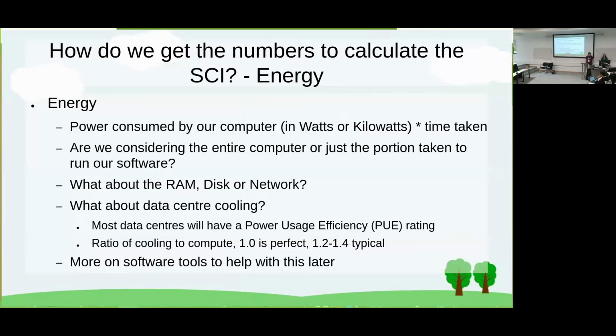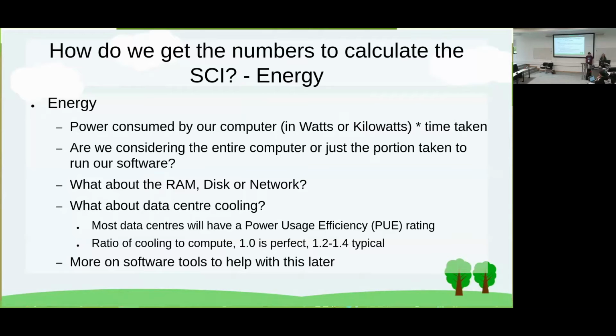And there's also things such as the RAM, the random access memory, the disk, and the network. So there's a lot of different things to consider when we're thinking about the energy. And another thing that maybe isn't something you'd immediately think of is cooling for the data center.